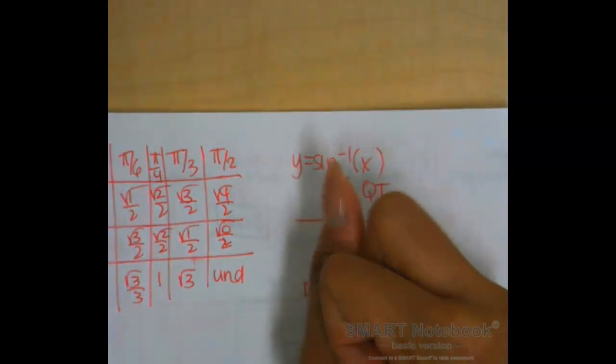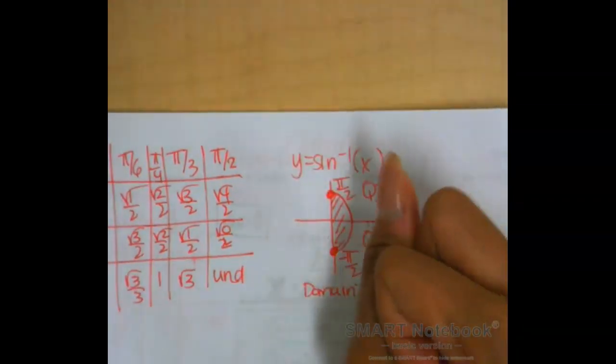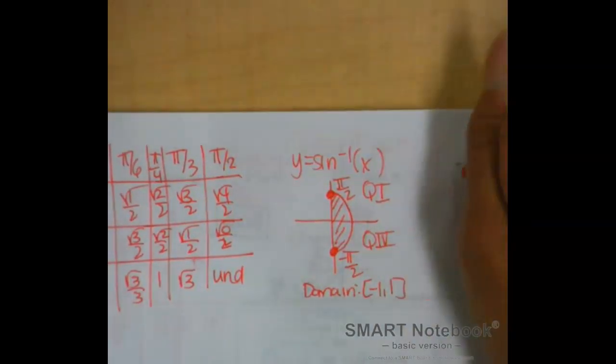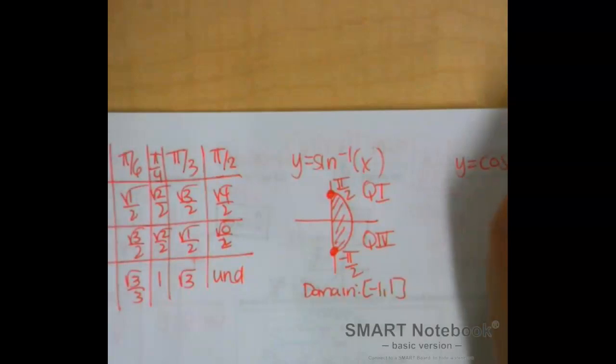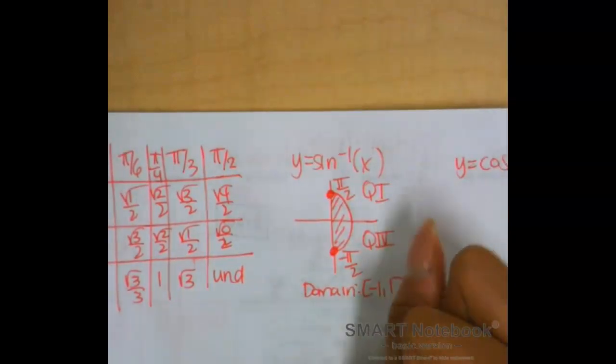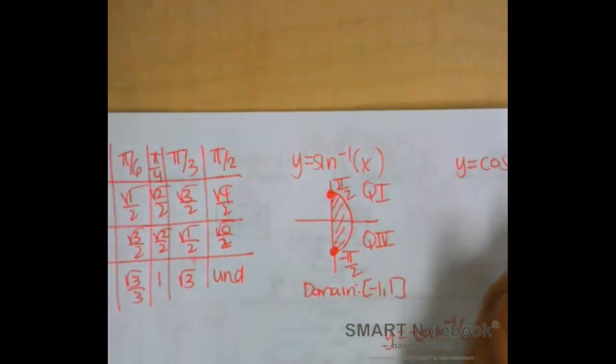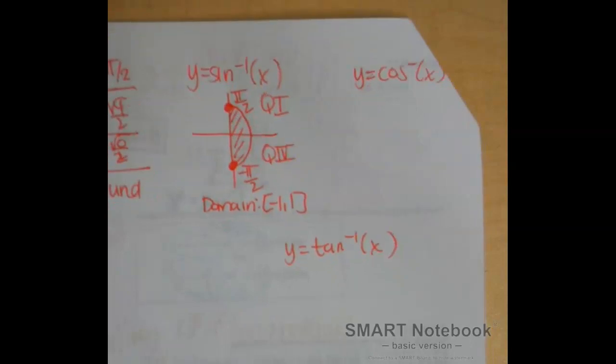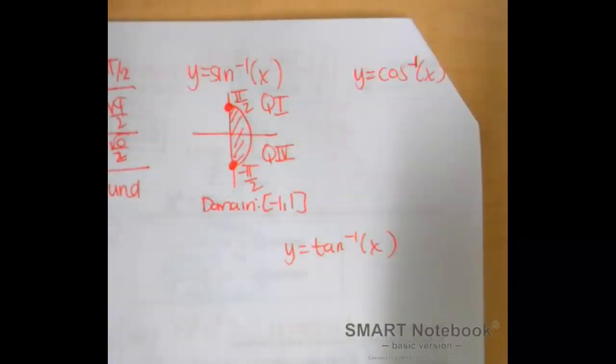The domain for this needs to be between negative 1 and positive 1. I'm doing the same thing for y equals cosine inverse of x and y equals tangent inverse of x. So all of the stuff that we just talked about. Go ahead and recreate where your restrictions lie and what your domain will look like. This is an inverse, negative 1 power.